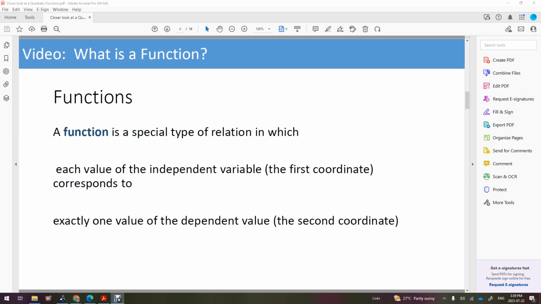A function is a special type of relation in which each value of the independent variable, the first coordinate, corresponds to exactly one value of the dependent variable, the second coordinate.